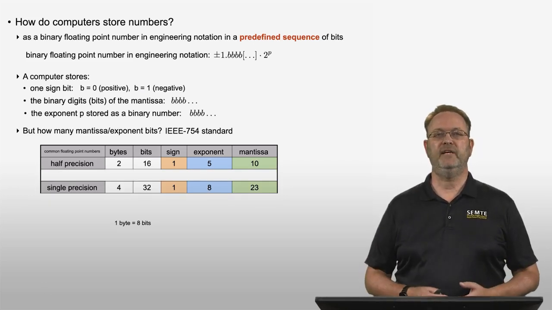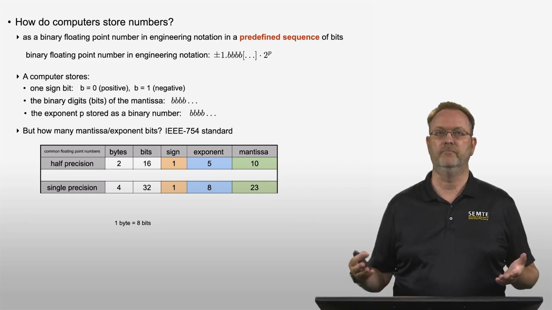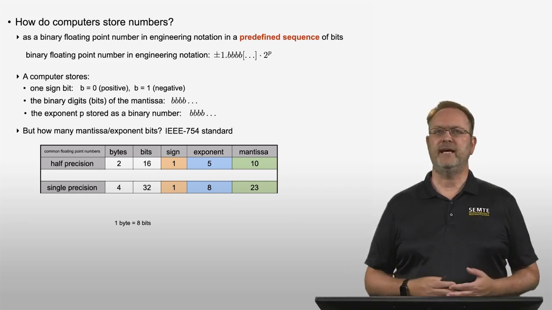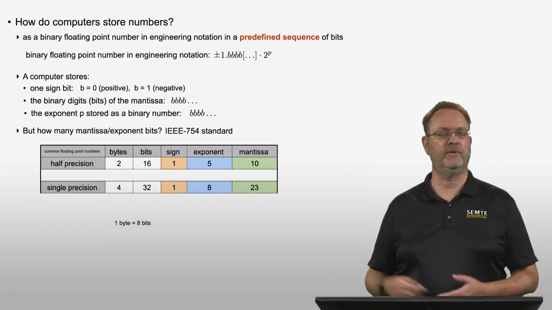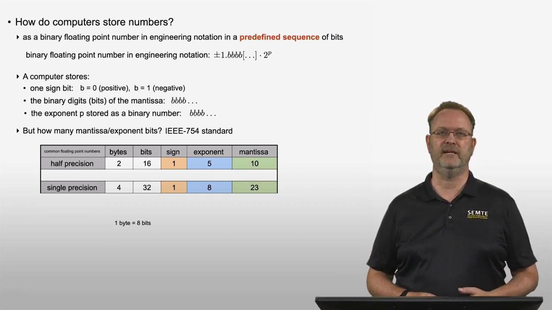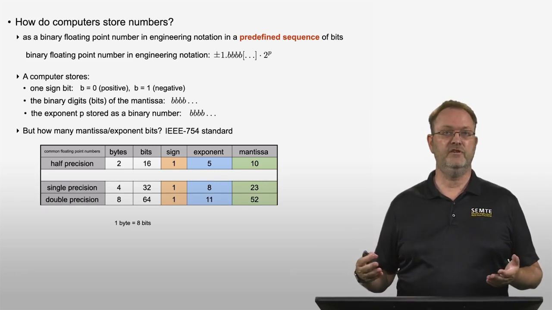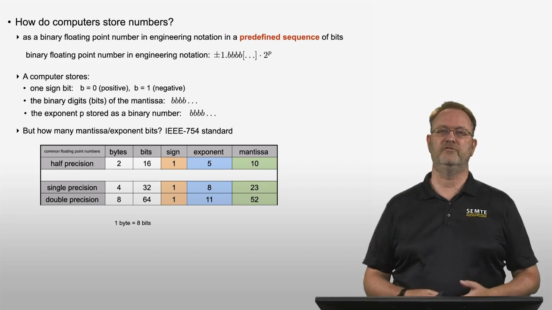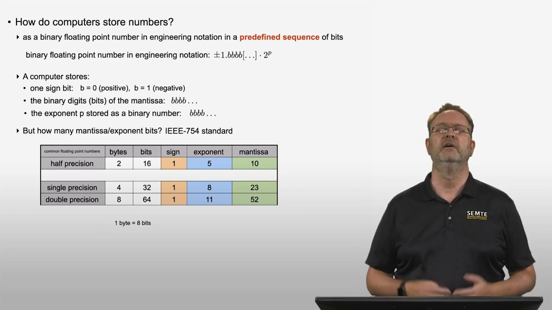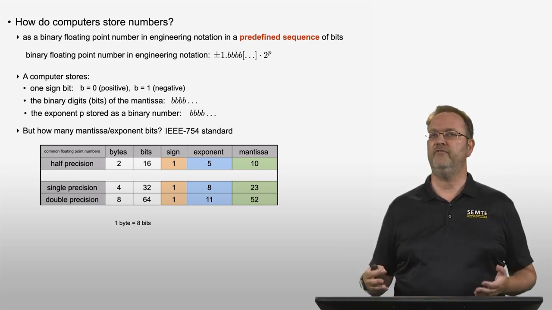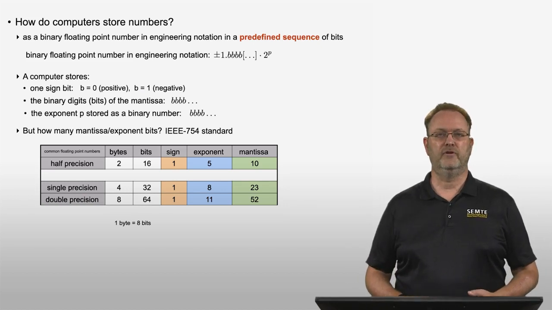The next number type that is defined is called single precision. It uses 32 bits, or 4 bytes. Again, one sign bit, but now 8 exponent bits, and the remaining 23 bits are used for the mantissa. Next in the definition is double precision, which doubles the number of bits used from 32 to 64 bits as compared to single precision, one sign bit, and now 11 bits reserved for the exponent, and the remaining 52 bits for the mantissa.